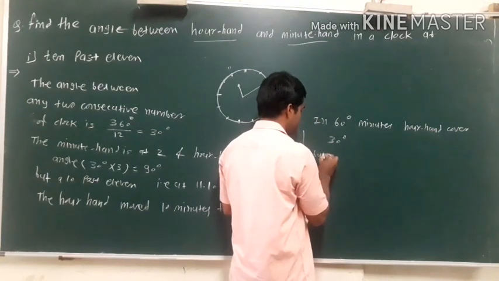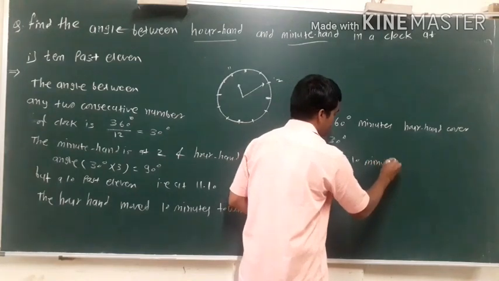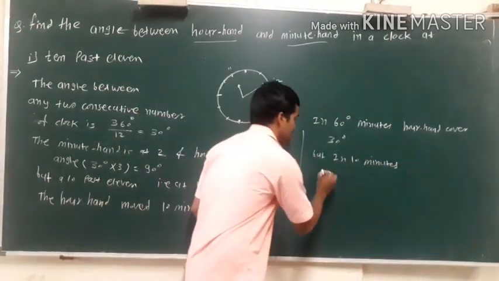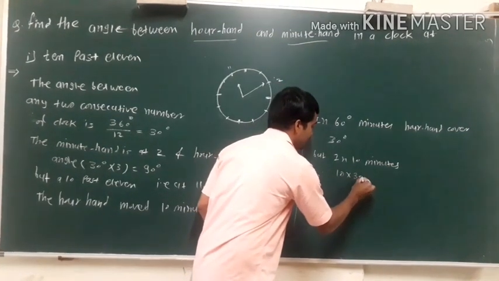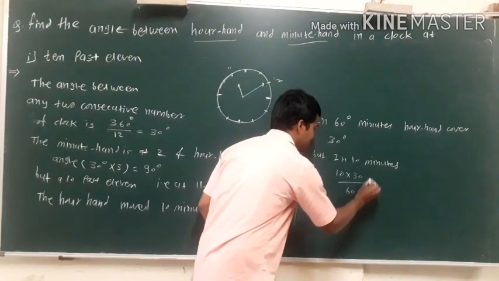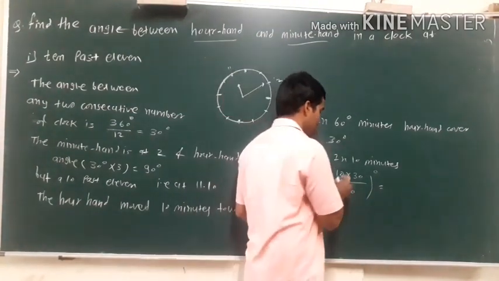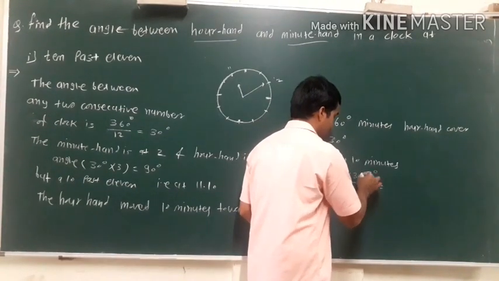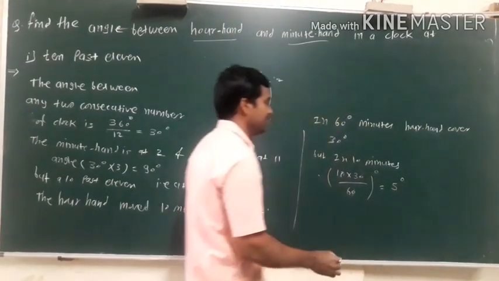But in 10 minutes, therefore 10 into 30 divided by 60 degree. The calculation gives 5 degree.